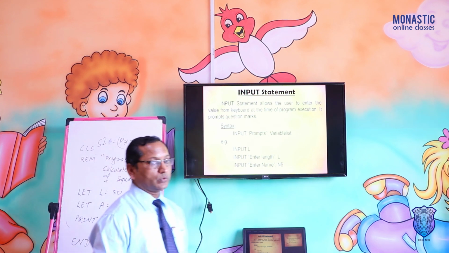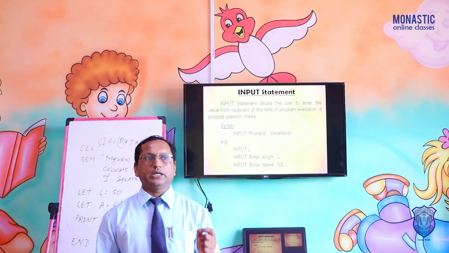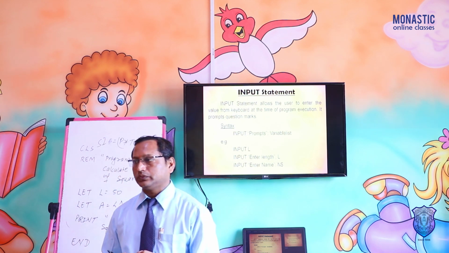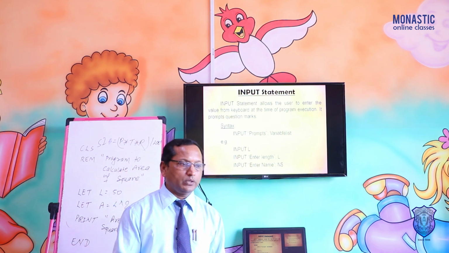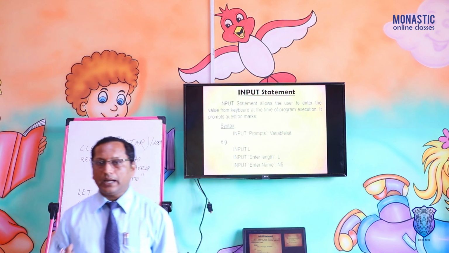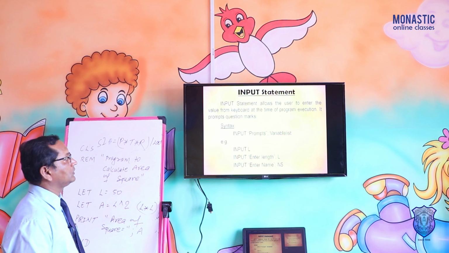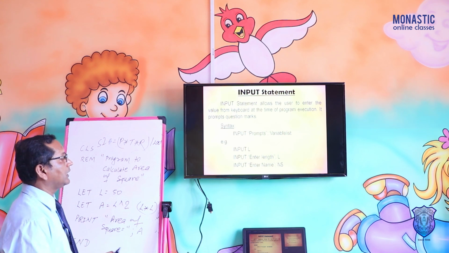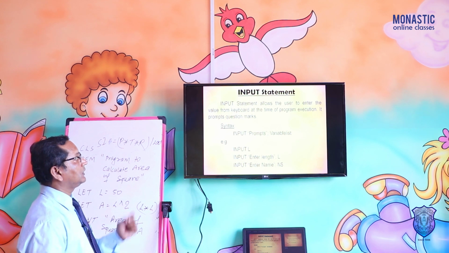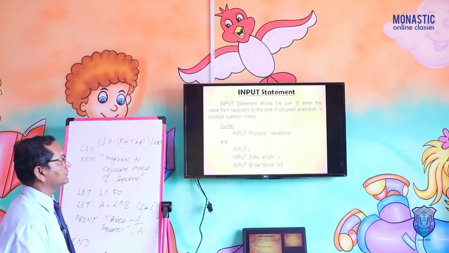So what does the input statement do? The input statement will ask for the value at the time of program execution. It means when we execute the program, at that time it will ask for the value of the variable, and that value is stored in the respective variable. The value is entered by the programmer from the keyboard while executing the program.